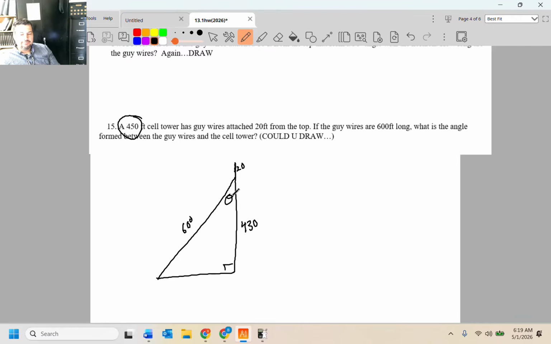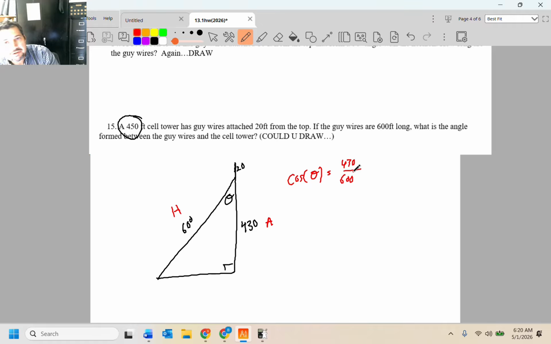What is that angle? And it's not a hard question because what you have here is the hypotenuse, and in relationship to theta, you have the adjacent side. So what you actually have about theta is the cosine ratio. The cosine of this unknown angle is simply 430 over 600.